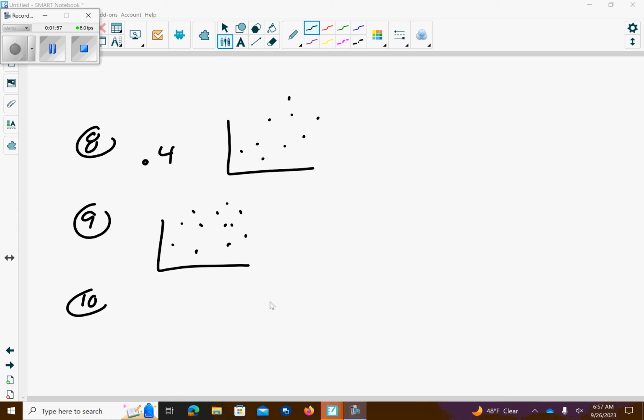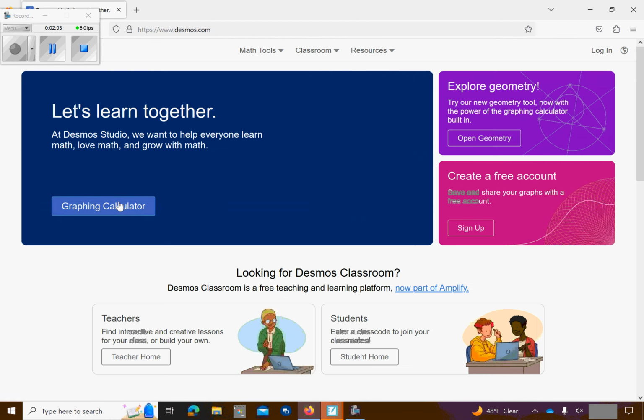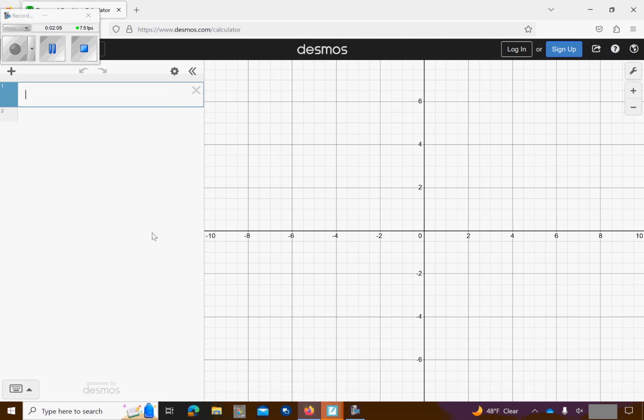All right, so we're going to enter this data on problem number 10 in Desmos. So let's take a look at it. First thing we're going to do, we're going to hit the plus button. We want a table now because we have two variables.